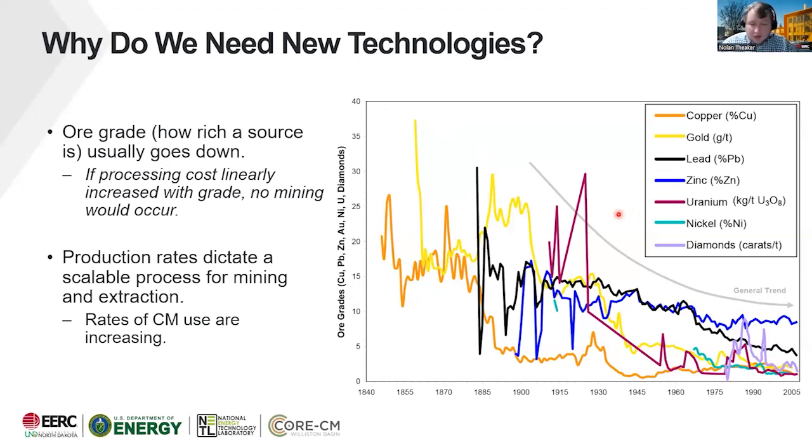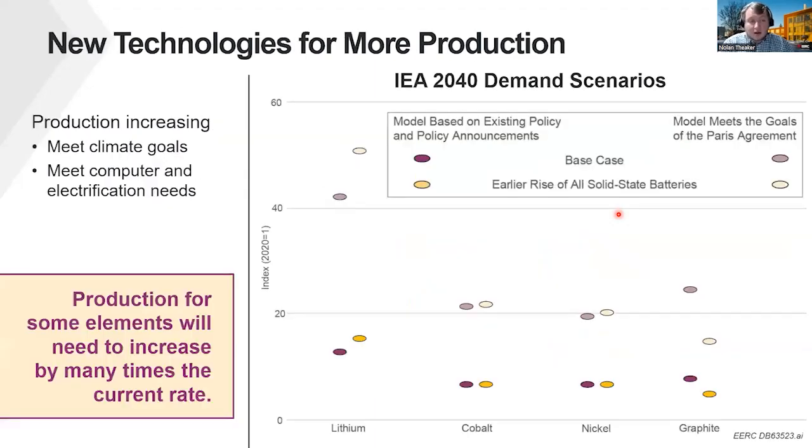Now, additionally, not just in the grade, production rates dictate that we need scalable processes for mining extraction. This can't be done on the pickaxe and people moving carts around scale. This has to be done on the millions of ton scale, especially because rates of critical mineral use are increasing.